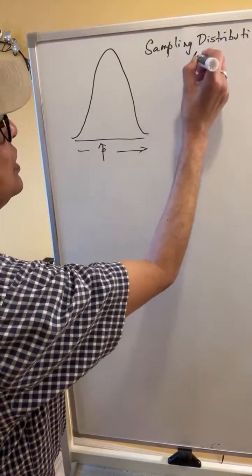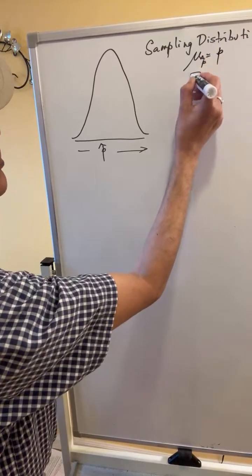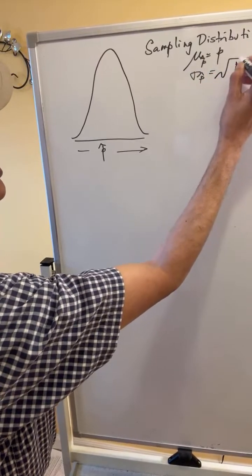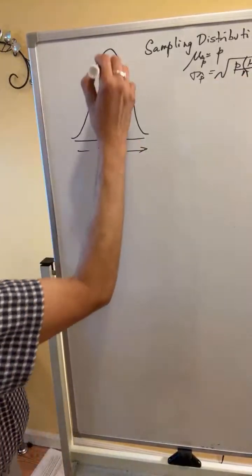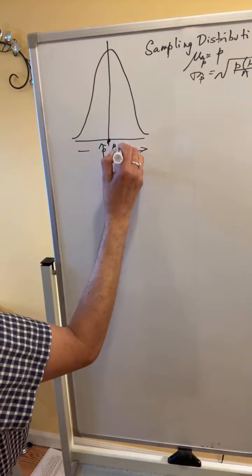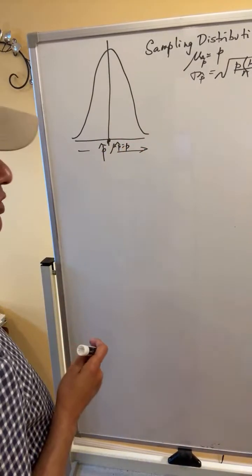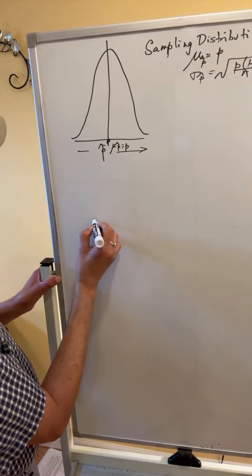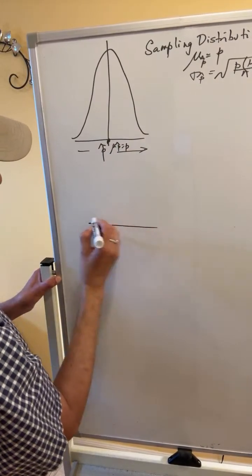Its mean is equal to the population proportion, and its standard deviation, sigma p hat, is the square root of p times 1 minus p over n. So at the center, mu p hat is equal to p, the population proportion.